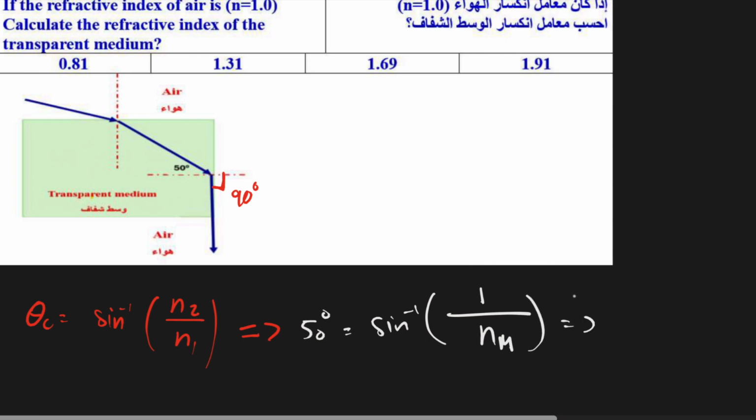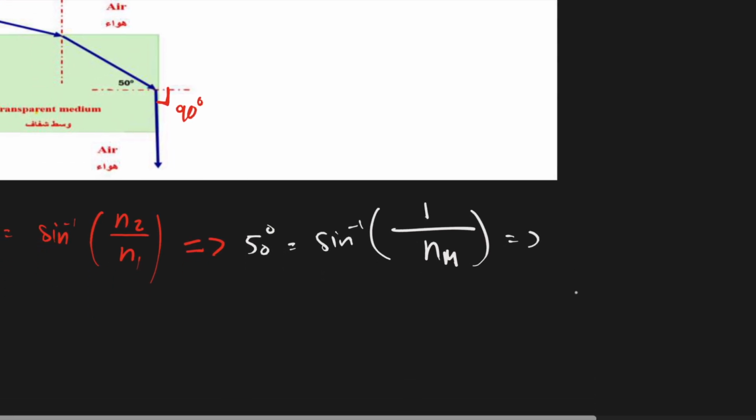So let's just calculate it. So 50 is equal to inverse sine of 1 divided by some value, which we don't know, in the calculator. I think it will take some time, so what I will do is I will multiply... Oh, it did not take time. It's 1.3. So 1.31. But what I wanted to do is to manipulate this equation to put it in the calculator and to be faster.